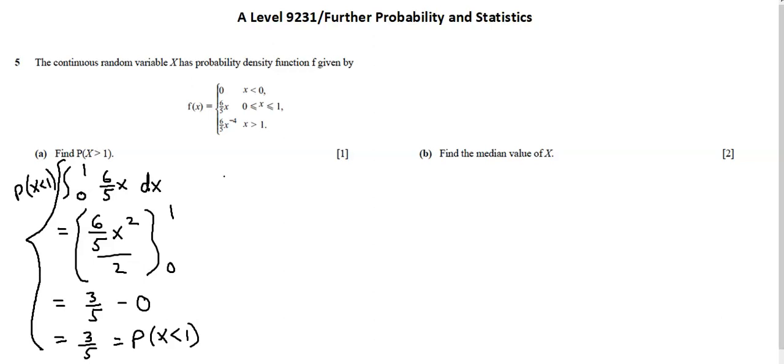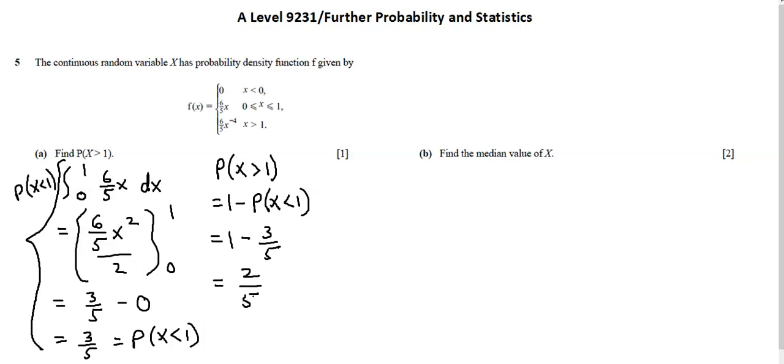Now I will show that the probability that x is greater than 1 equals 1 minus the probability that x is less than 1. Here we have the probability that x is less than 1 of 3 over 5. Therefore, our result is 2 over 5.